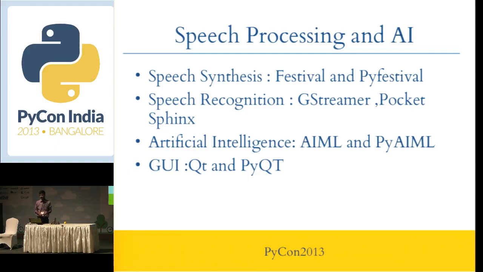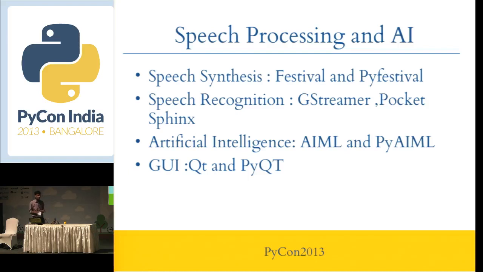I will show a demo. And also artificial intelligence, using AIML files. AIML stands for Artificial Intelligence Markup Language, and PyAIML is the module used for handling AIML files. We can make a basic artificial intelligence system. That I will demonstrate.